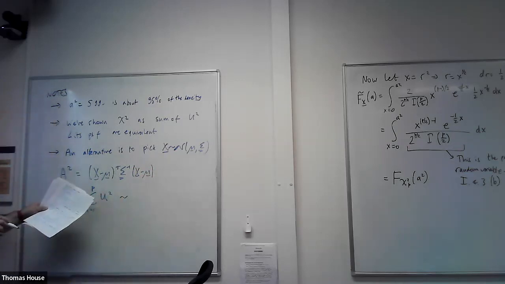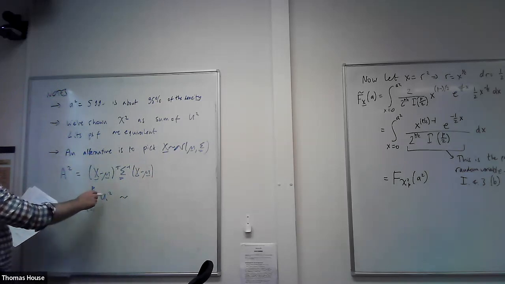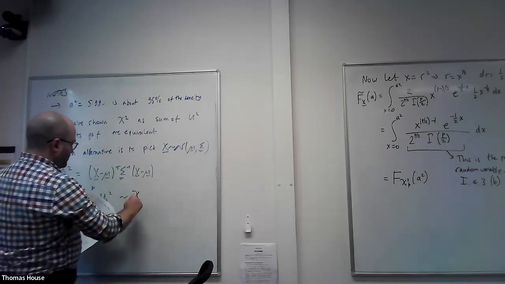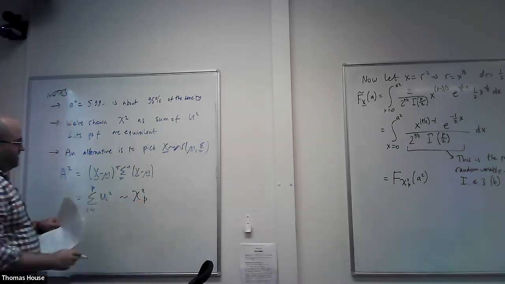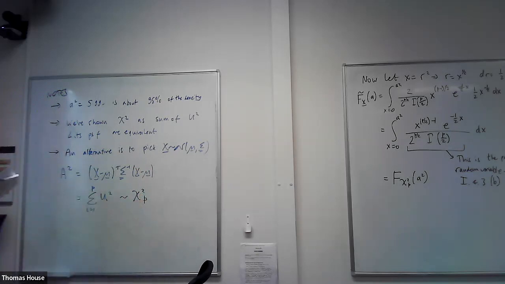So these are now random variables, and we showed that the ui were all standard normal. So we know that that's chi-squared p. You could always just write this down in 2 lines, go and pick it randomly and do this. You might look at it and ask how can that be right? And it is, if you think about it.